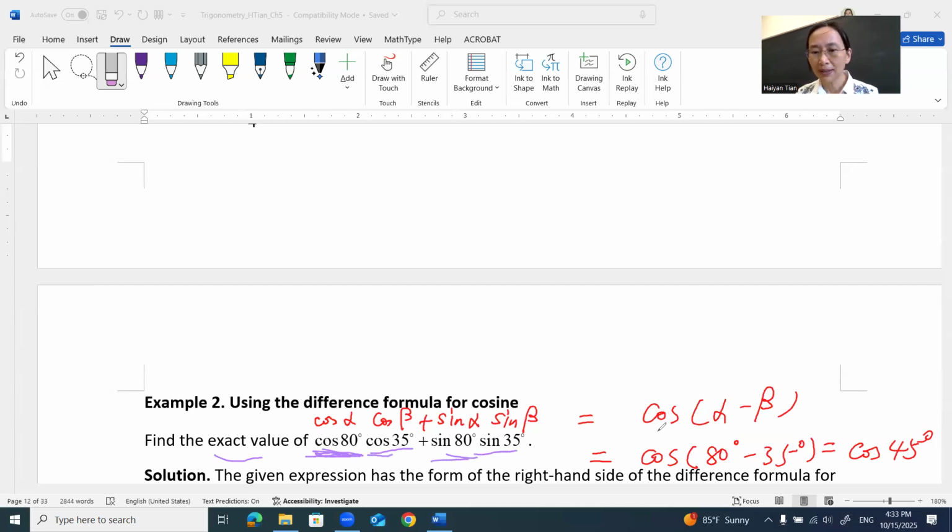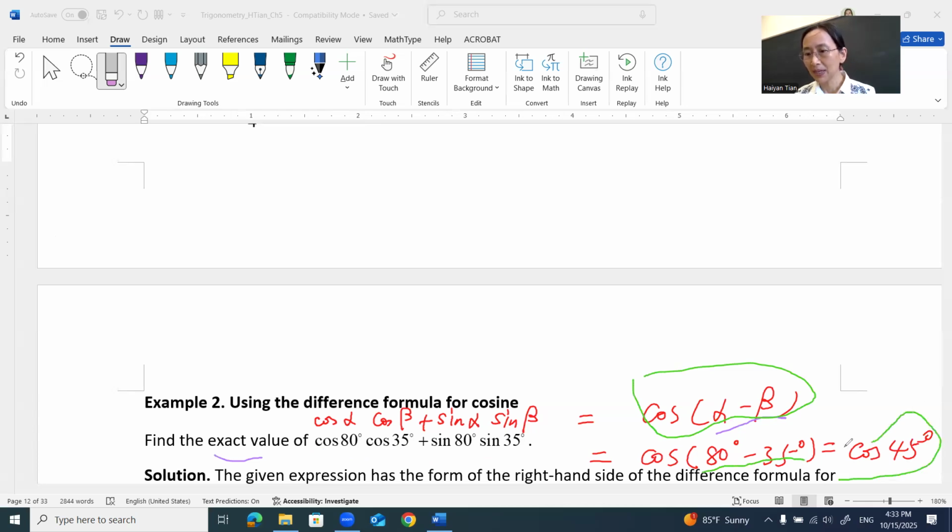However, if we apply this identity, we can write this expression as the difference formula for cosine, that is, cosine of the difference of 80 and 35.